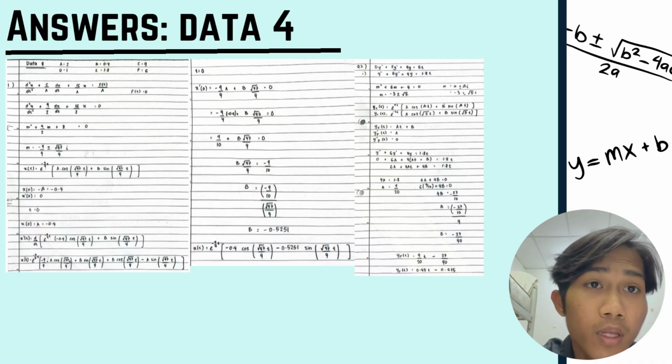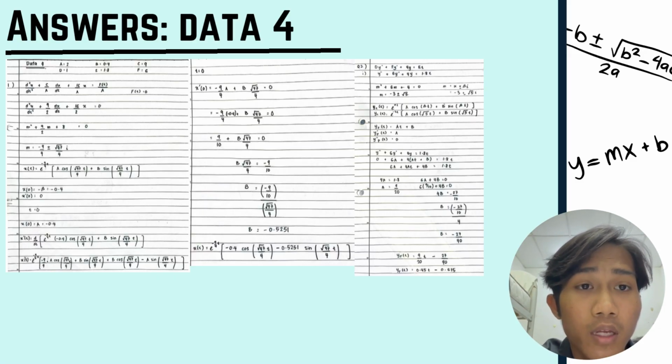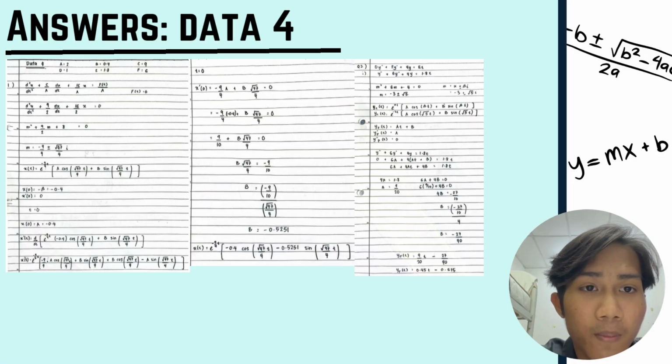So same as I said before, the formula for calculation question 1 is the same as before, and the root numbers we got are negative 9 over 4 plus minus root 47 over 4 i, which is a complex root.